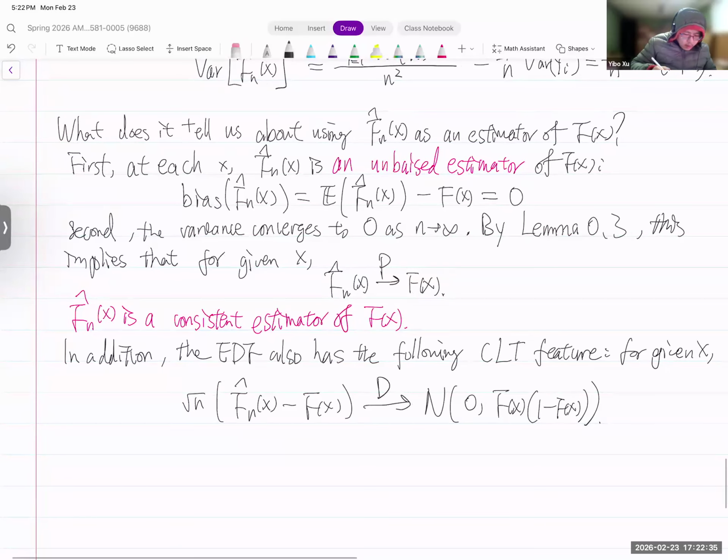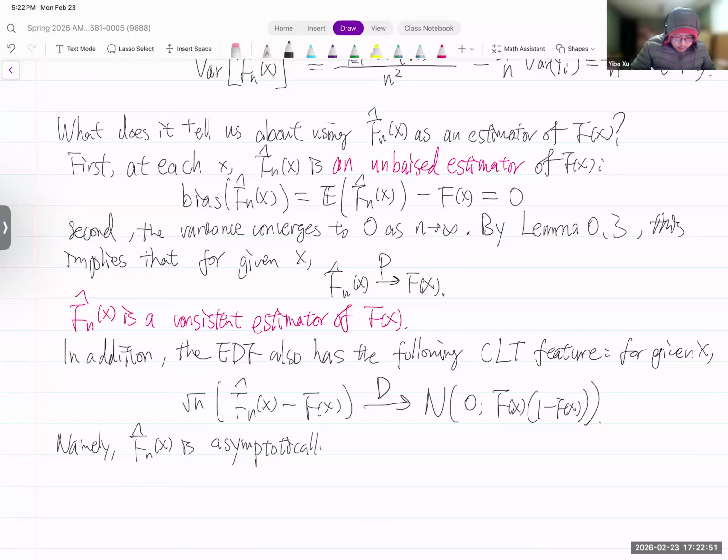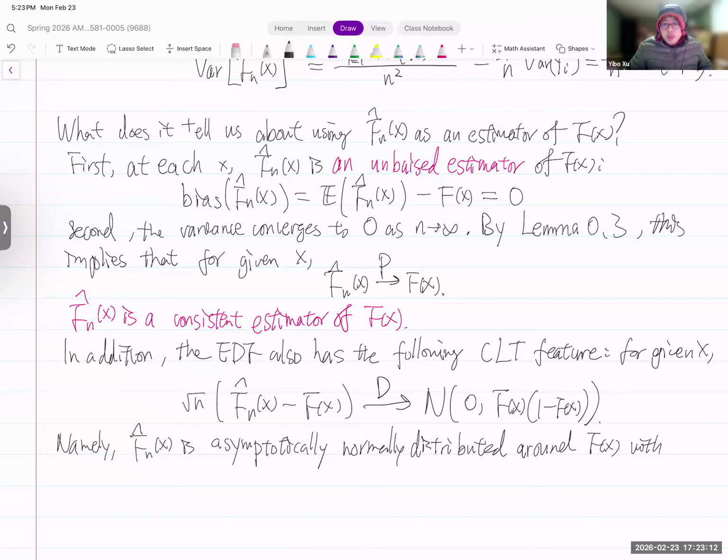Namely, the EDF is asymptotically normally distributed around f of x with a smaller and smaller variance.